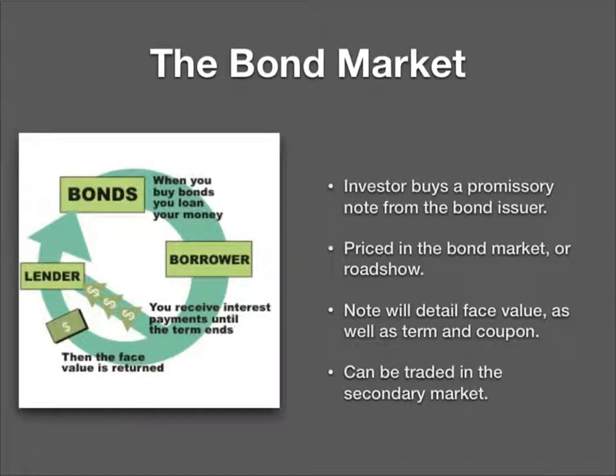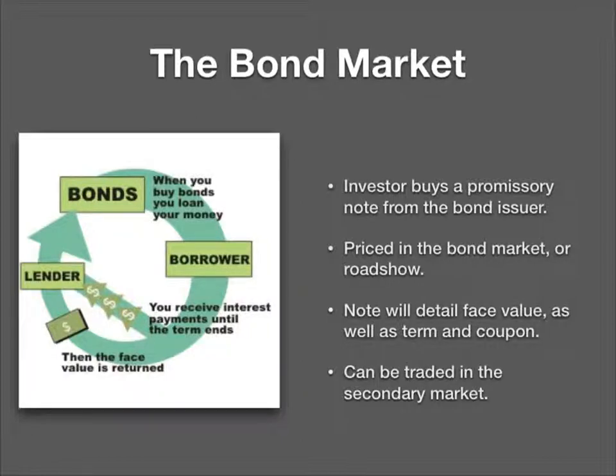One of the ways we can rack up debt is through the bond market. In a bond market, the investor buys a promissory note from the bond issuer, right? That's basically a promise to repay. Okay, so if I've got a company and I need money, I basically write up on a piece of paper, hey, I want to borrow $1,000 from you. That would be the face value.